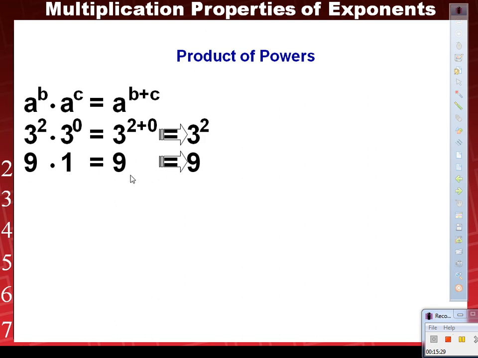So how can I generalize this idea for all the rest? Talk it over your neighbors. How can I generalize this idea? Let's see. Help us out, Reagan, on this one. How can we generalize this idea?